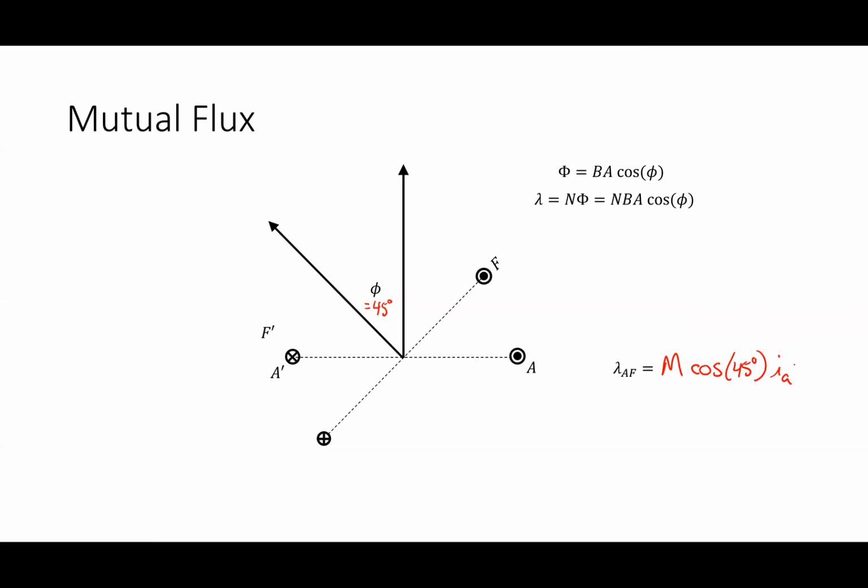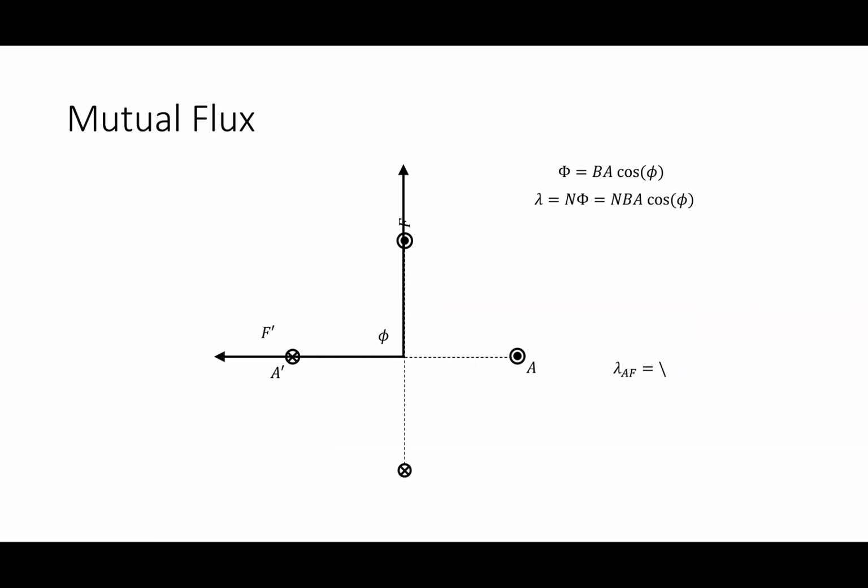Right? What's going to happen when I get to this picture? So if you think about the B field for this guy, for A, it would be going like this. Be that kind of a picture based on the way I've drawn this. How much flux is going through the F coil now? 0. This is basically M cosine.